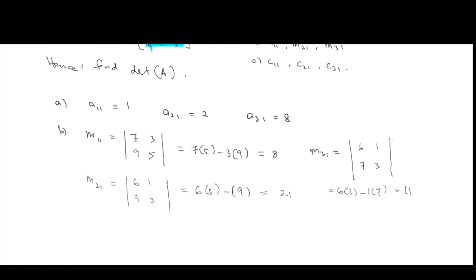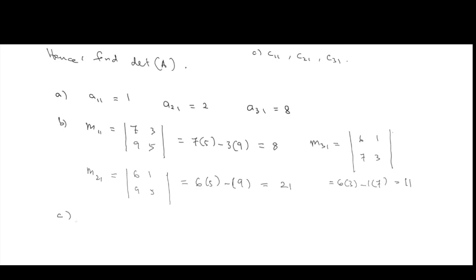And then we are going to find the cofactors C. C11 is equal to negative 1 to the power of 2 times M11, which is equal to 8. C21 is equal to negative 1 to the power of 3 times M21, which is equal to negative 21. And the last one, C31 is equal to negative 1 to the power of 4 times M31, which is equal to 11.